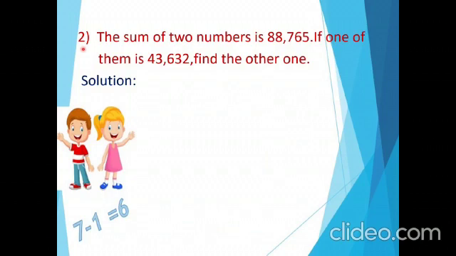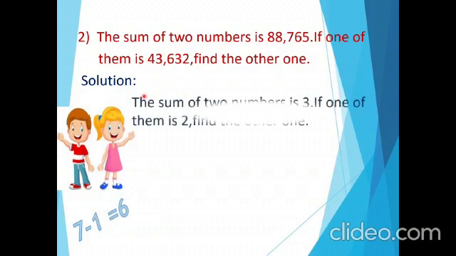Second question: the sum of two numbers is 88,765. If one of them is 43,632, find the other one. Solution. Children, as I told before, it helps us to decide what is to be done to the problem if we take single digit numbers.